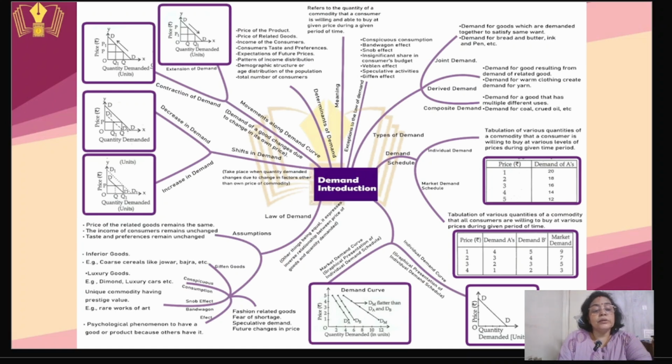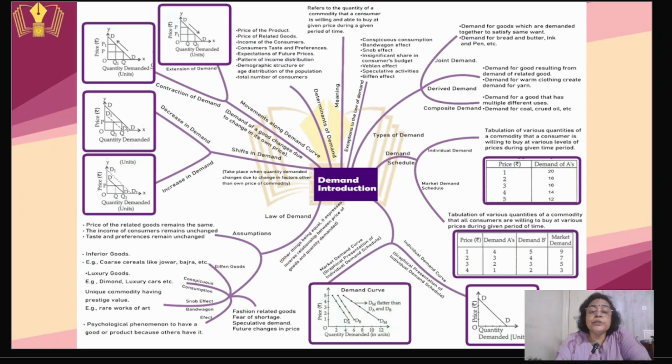increase in demand. Suppose there is a fall in your income or any of the other factor determinants as mentioned here, there is a fall in your income. You will be demanding less. So you are moving leftward, decrease in demand, the dotted line. So decrease in demand and increase in demand, we call it shift in demand.